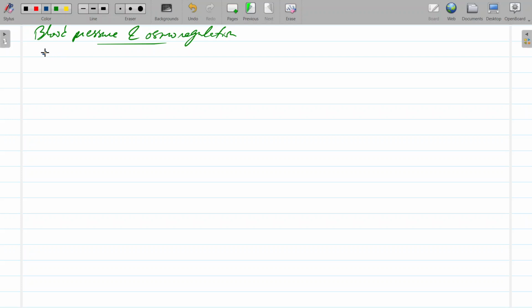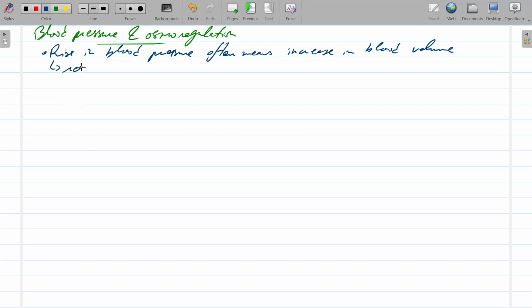And so for that, the secretion or release of ADH will be suppressed, and that would lead to the production of a greater volume of urine.